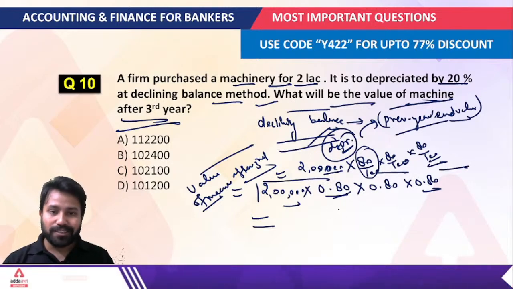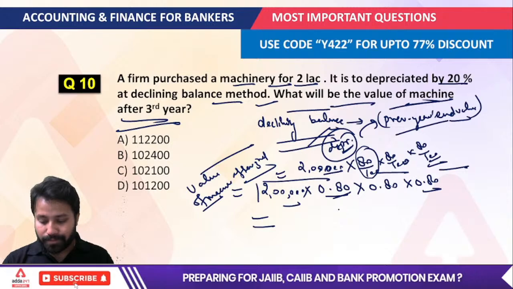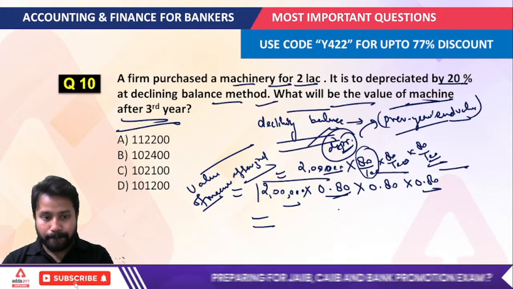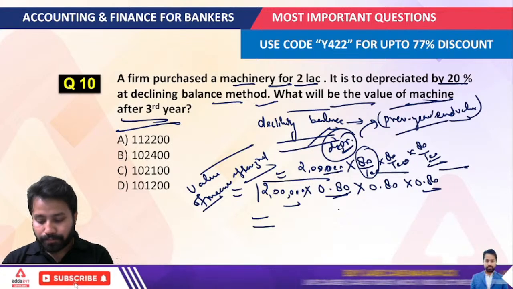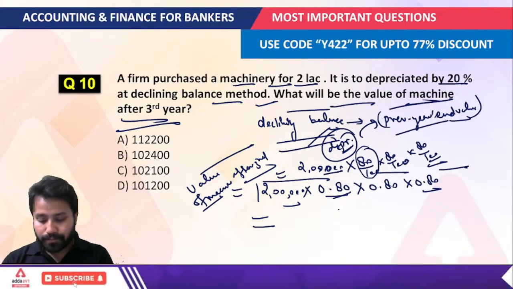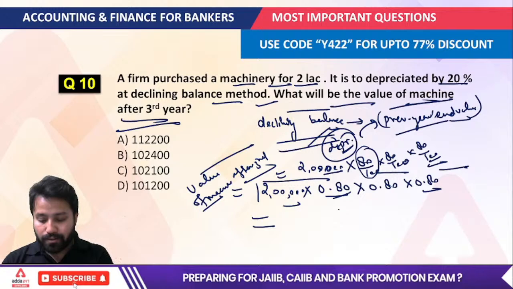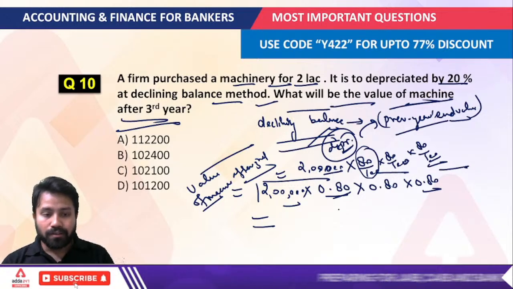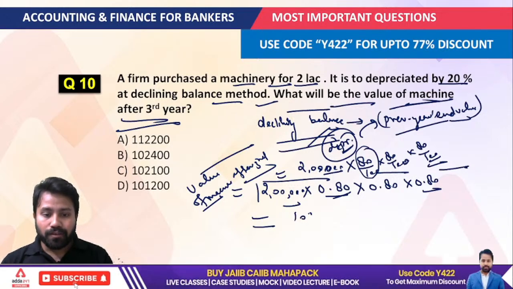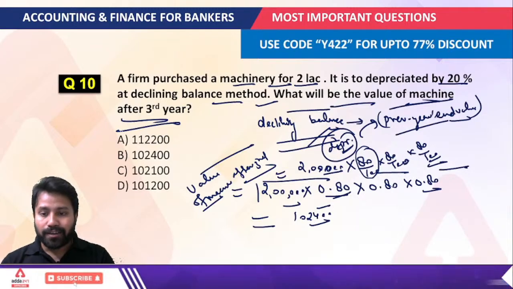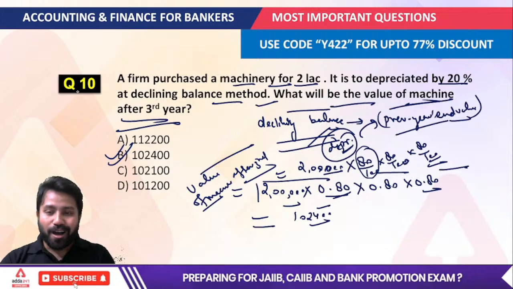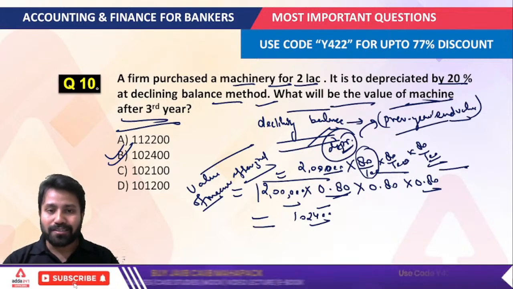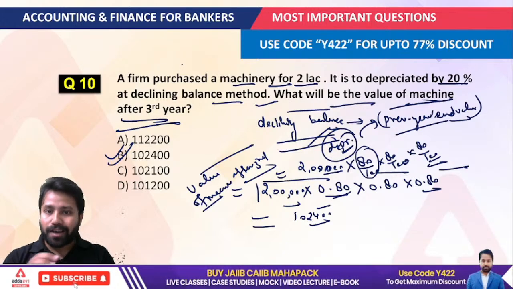Just calculate this. 2 lakh times 0.8, 0.8, and 0.8. The correct answer would be 1 lakh 2,400. That would be the value of the machine after the third year. Look how simply we can solve the questions in the examination if we have the correct approach.